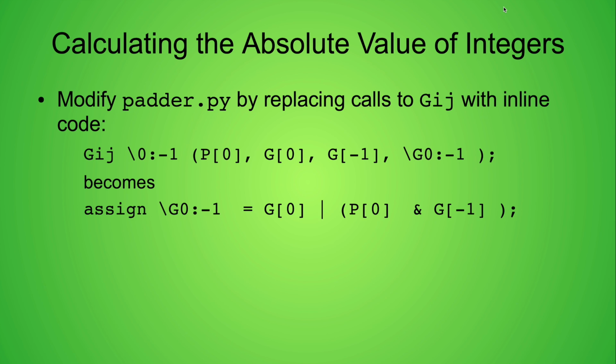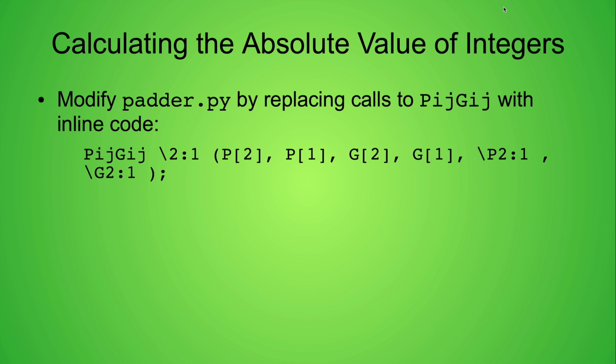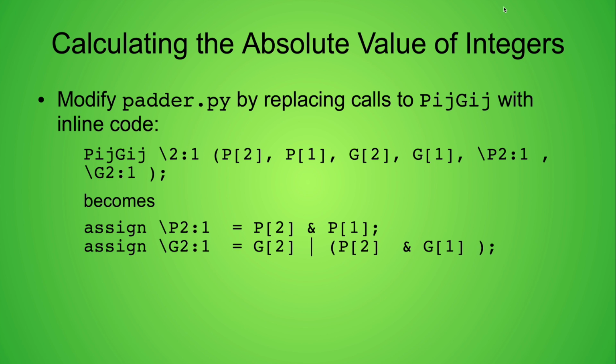The new version of the script outputs this. The third version of the padder.py script quit using the pij utility module and again used inline code. For example, this single line of code was replaced with these 2 lines of code.